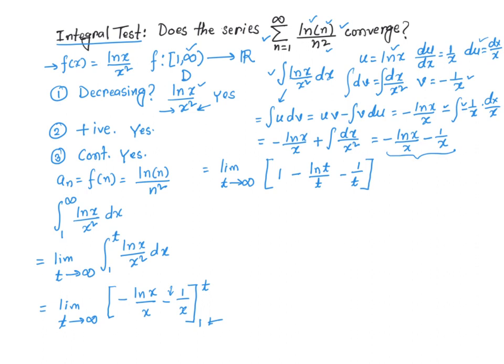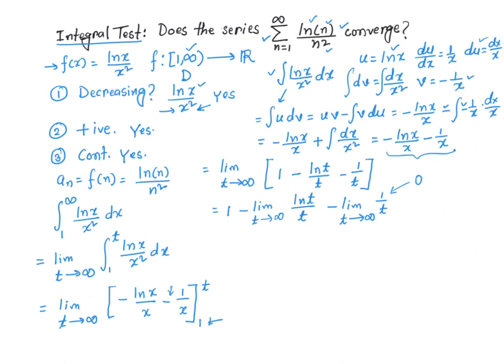Now, this boils down to the following: 1 minus the limit as t approaches infinity of ln of t over t minus the limit as t approaches infinity of 1 over t. As t goes towards infinity, 1 over t obviously goes to 0.